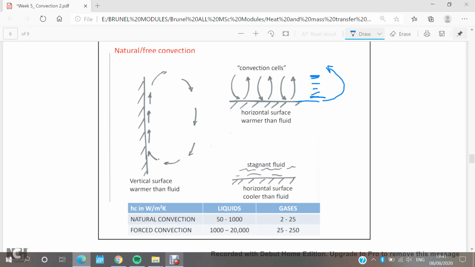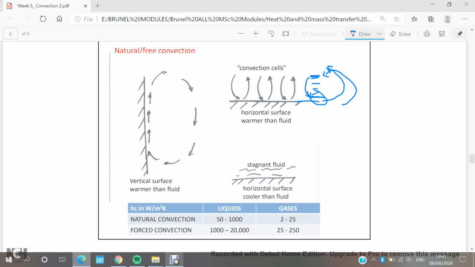The colder layer goes down to replace the empty volume. So we have a free circulation movement caused by the changing density of the fluid, and this movement is driven by a buoyancy force.